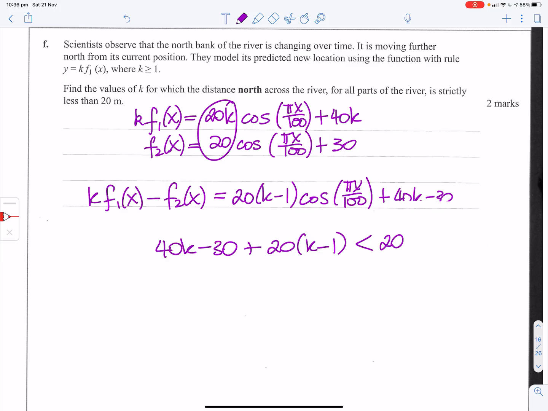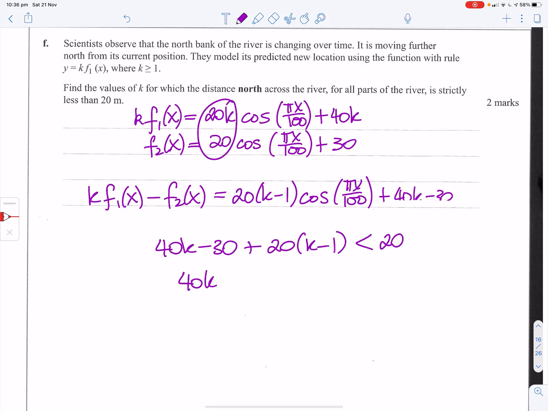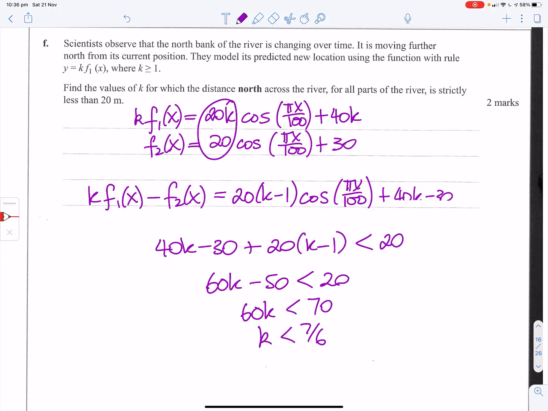It's greater than 1, so it's got to get further away, it can't get any closer. So we know 40k plus 20k is 60k, and then I've got minus 30 has to be less than 20, 60k has to be less than 70, k has to be less than 7 on 6.